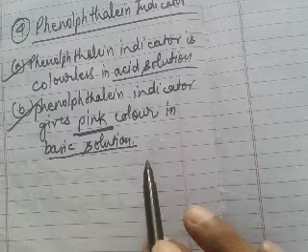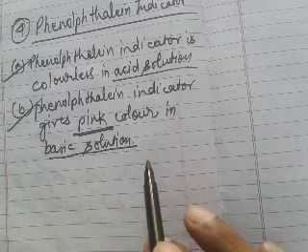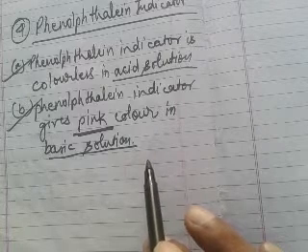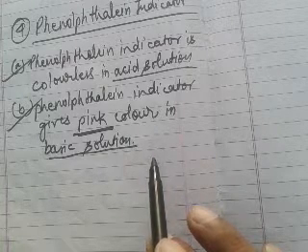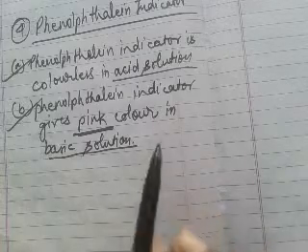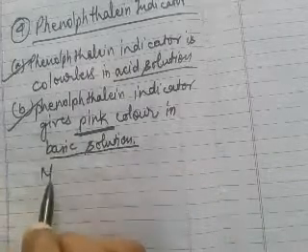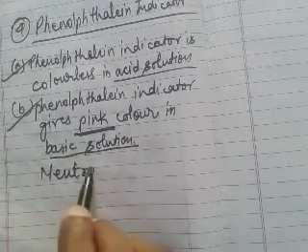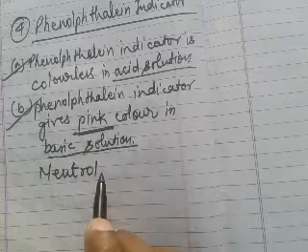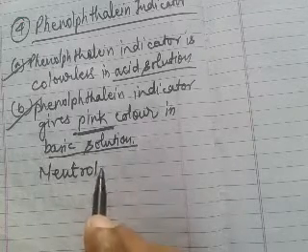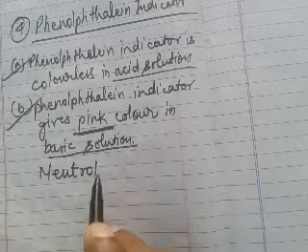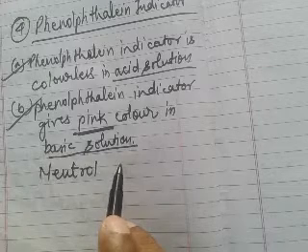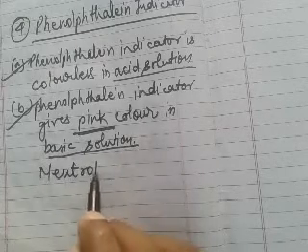They do not change the color of any indicator. So these are called neutral substances. Some neutral substances are pure water, common salt solution and sugar solution.